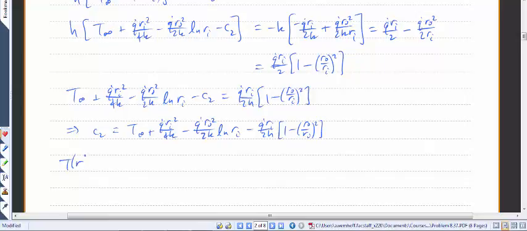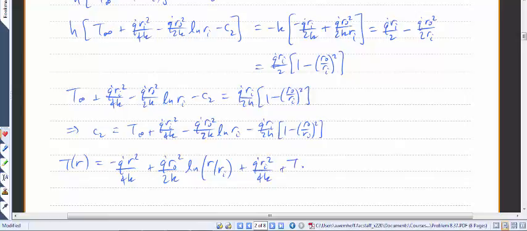If we plug it back into our regular expression here, T as a function of r is minus q dot r squared over 4k plus q dot Ro squared over 2k natural log of r over Ri plus q dot Ri squared over 4k plus T infinity minus q dot Ri over 2h times 1 minus Ro over Ri quantity squared.